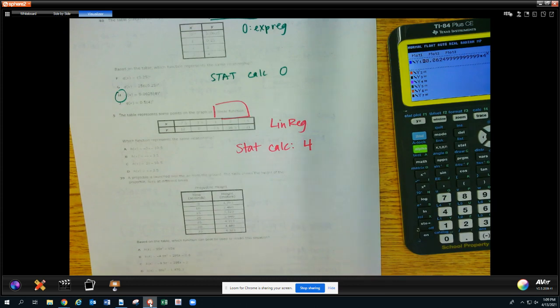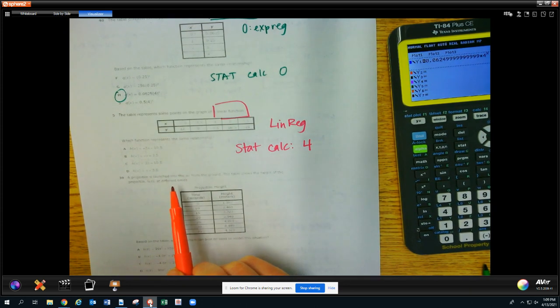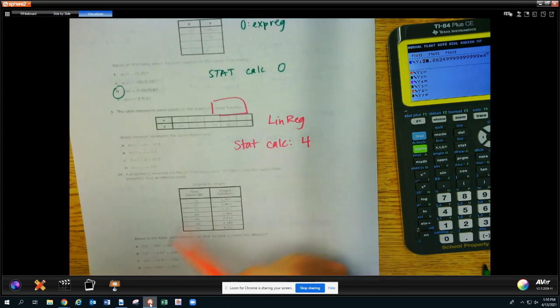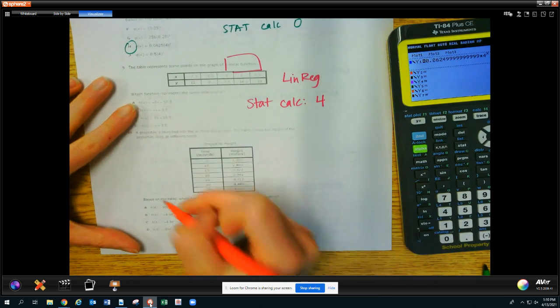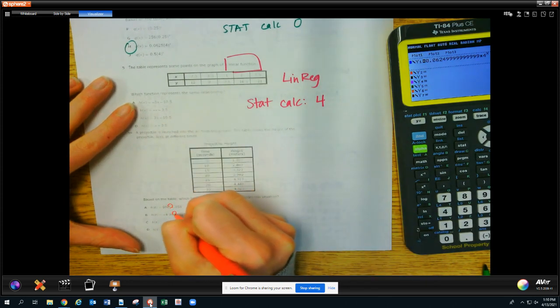Okay, and then the last one, a projectile launched into the air from the ground. The table shows the height at different times. Based on this table, which function can best be used to model the situation? So this time they didn't tell me it was quadratic, but all of my answer choices are quadratic.